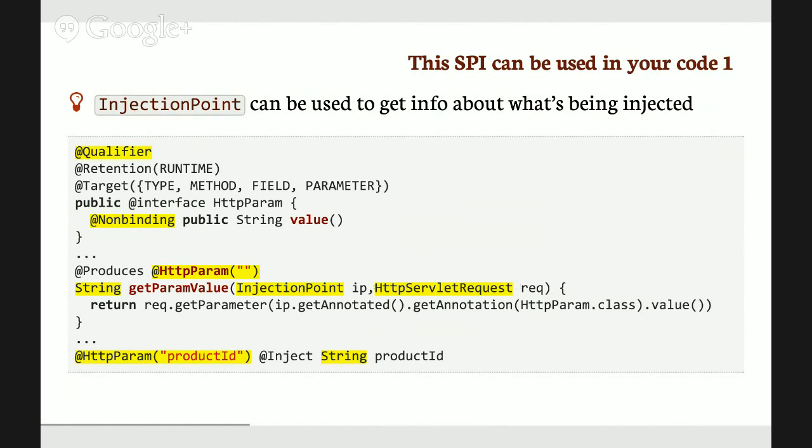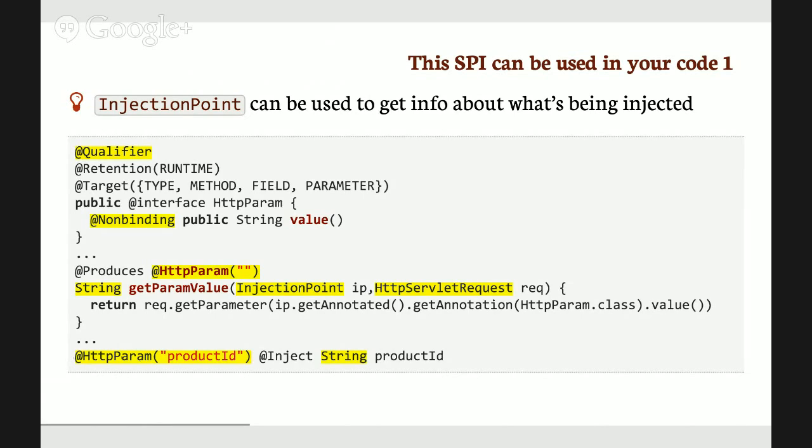So we have the request here that can be injected in your code because CDI provides it. So here we can ask the request to get the parameter with the name that is in the value of the qualifier at the other side. So here you see a way of using that.